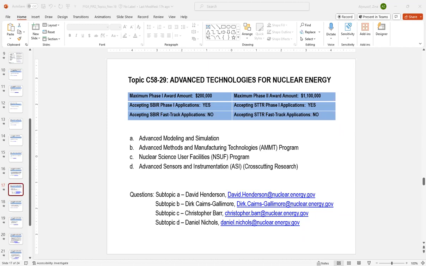Is the advanced control system elevating the capabilities of a system over PID control? Is it accomplishing a new capability for existing reactor fleets or advanced reactors? So we'd like them to call that out.